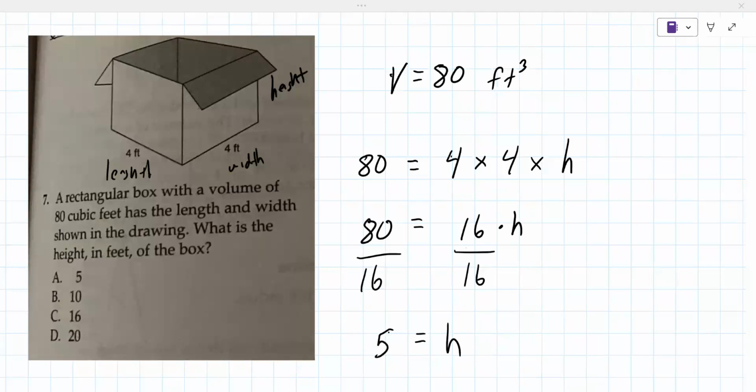All right, so we're gonna do some other volume problems.